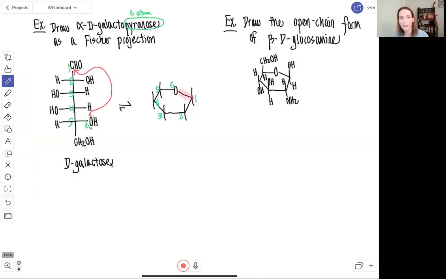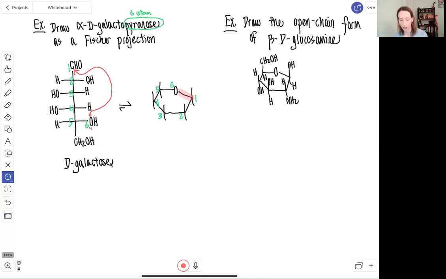Now we need to fill in the groups around the ring, keeping a few things in mind. First, at the anomeric carbon atom, the first carbon out of the ring, if we refer to this as an alpha cyclic sugar, alpha indicates that the hydroxy group at that hemiacetal anomeric carbon is oriented downward.